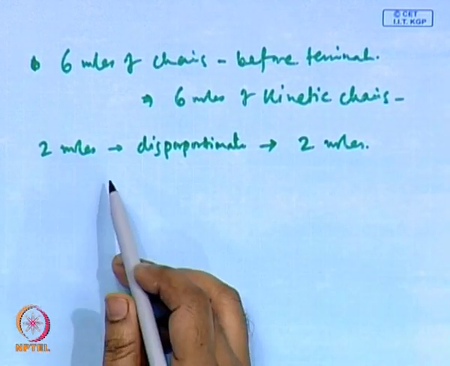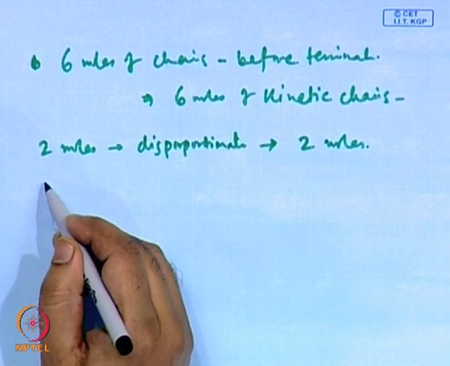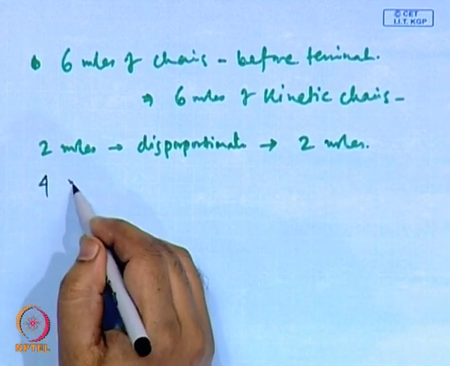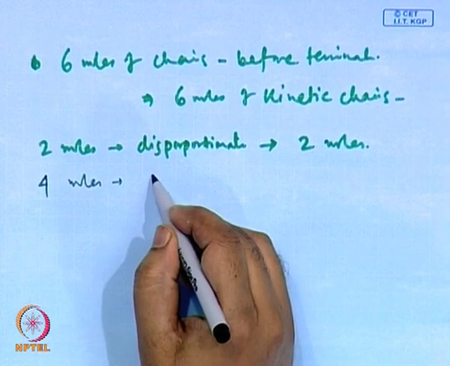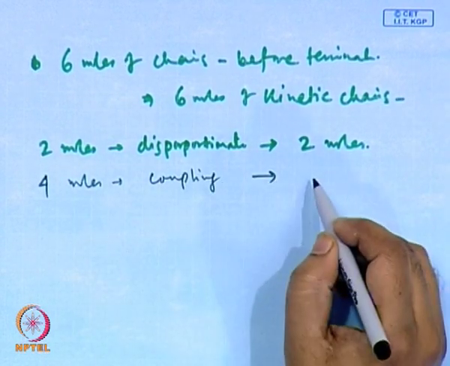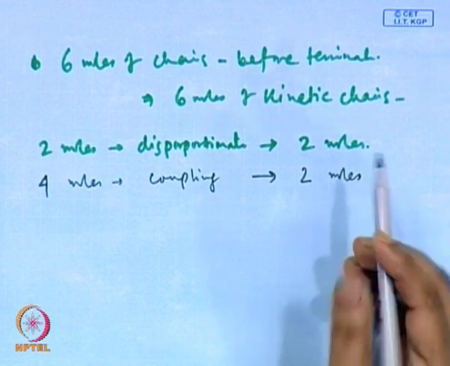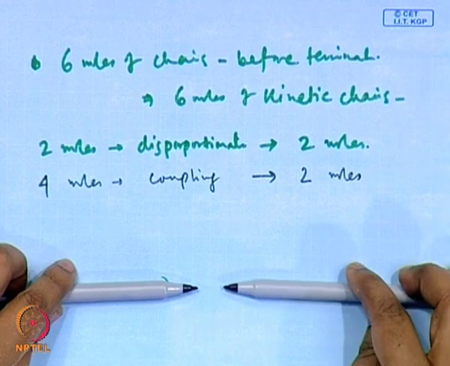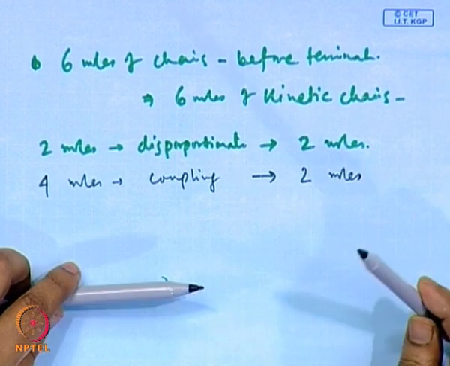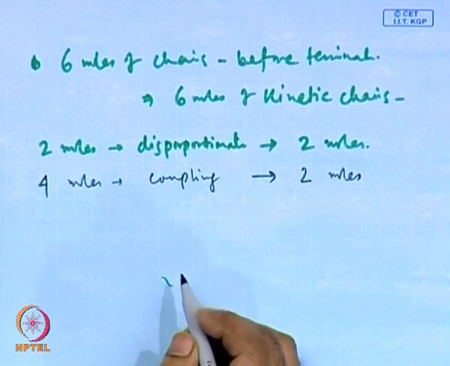So, 2 moles of kinetic chains will produce 2 moles. Now, for the rest of the 4 moles, if I consider that they terminate by coupling, then they will form 2 moles of polymers, because every 2 moles of kinetic chains will interact and form 1 polymer. So, in total they will get 4 moles of polymers.